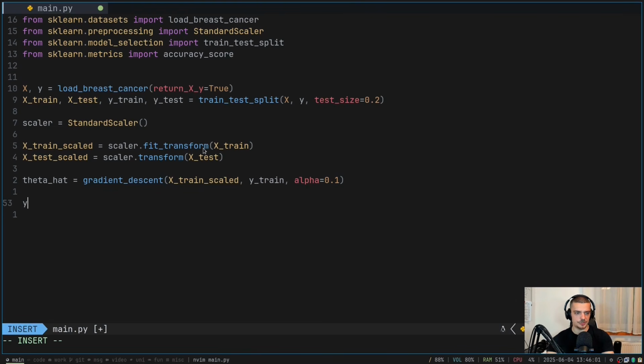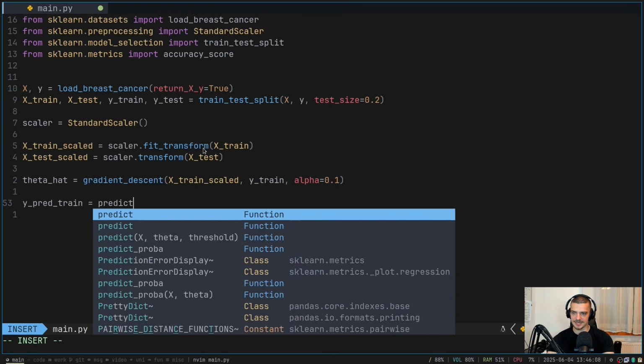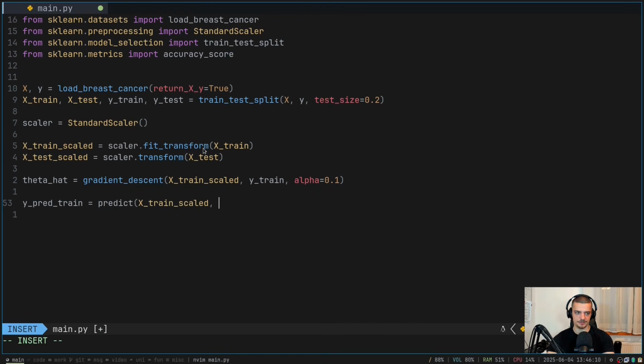And then the y predictions made on the training data are going to be predict of X_train_scaled given the trained theta_hat. And we're going to do the same thing with the test data.